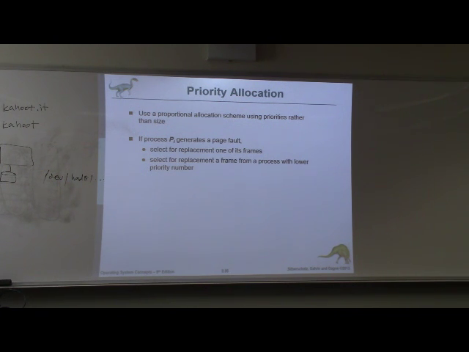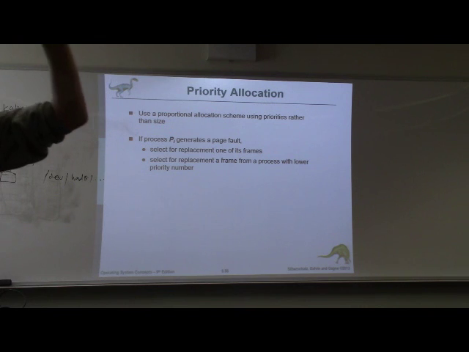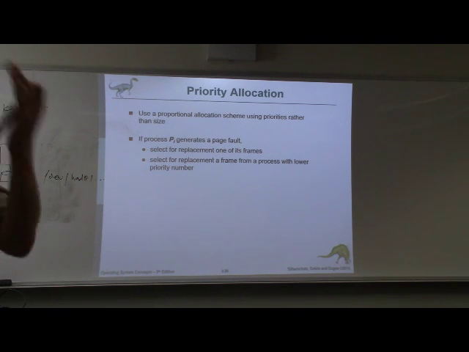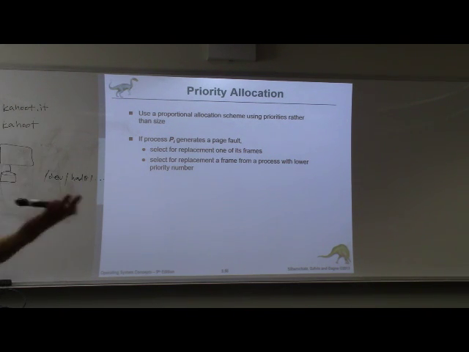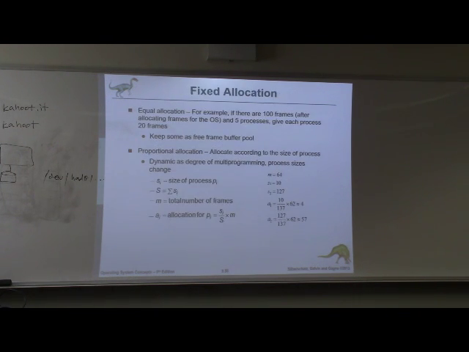So by considering the priority, which can be explicitly assigned but is mostly the size of the process, the size of the program, we can provide a number of pages. That is priority-based allocation. So how can we calculate? It's just simple math, okay?